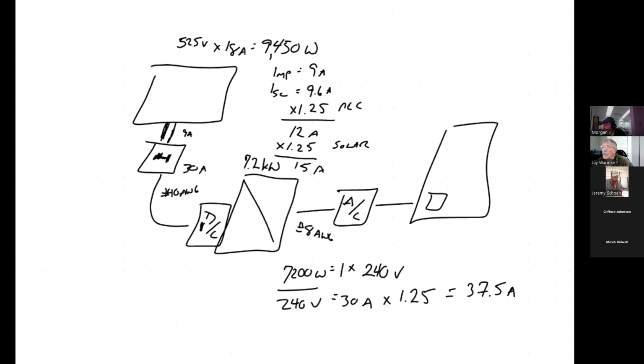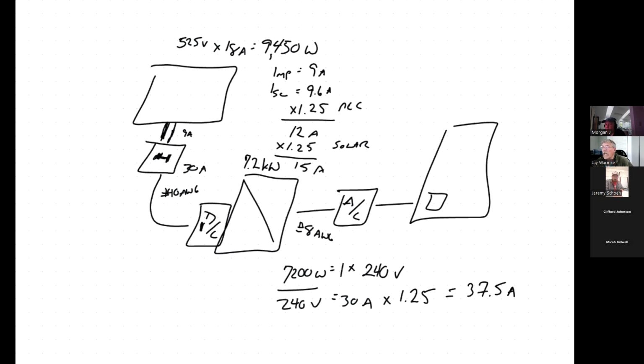Probably 60. Yeah, minimum of 60. I could put in 100. It's not going to hurt anything. If I'm putting in a fuse or a breaker here, what size fuse or breaker? 40 amp. Yeah, I'd put in a 40 amp breaker because I round up to the next commercially available size. 37 and a half, they don't make those. So 40 amps is the next one.